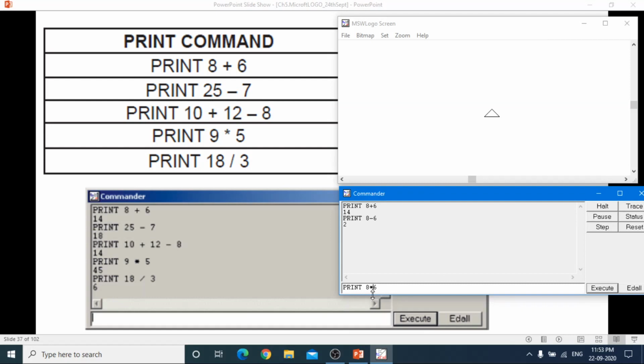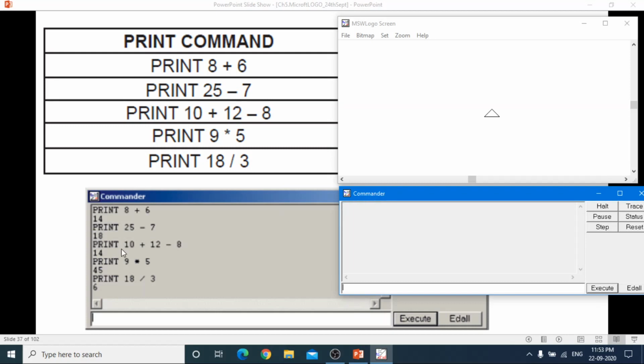For multiplication we use the star sign, and execute it. The answer will be 48. In the same way, print 48 divided by 6. For division we use the slash sign and execute it. The answer will be 8. In this way we can do mathematical calculation using the print command.